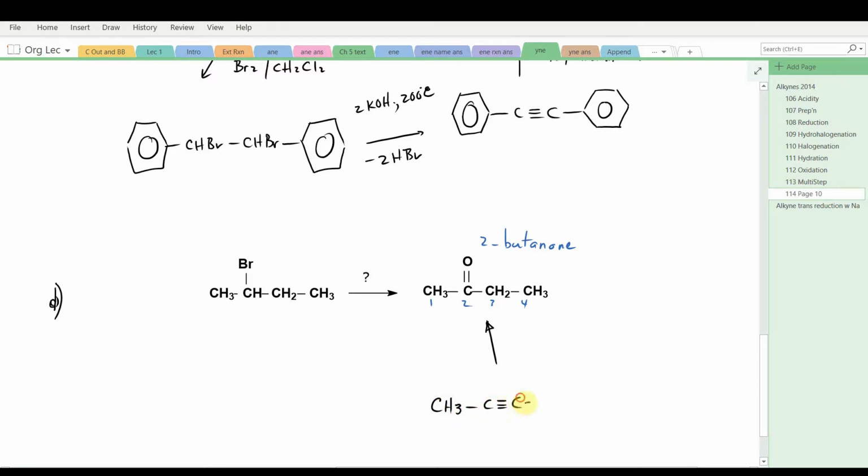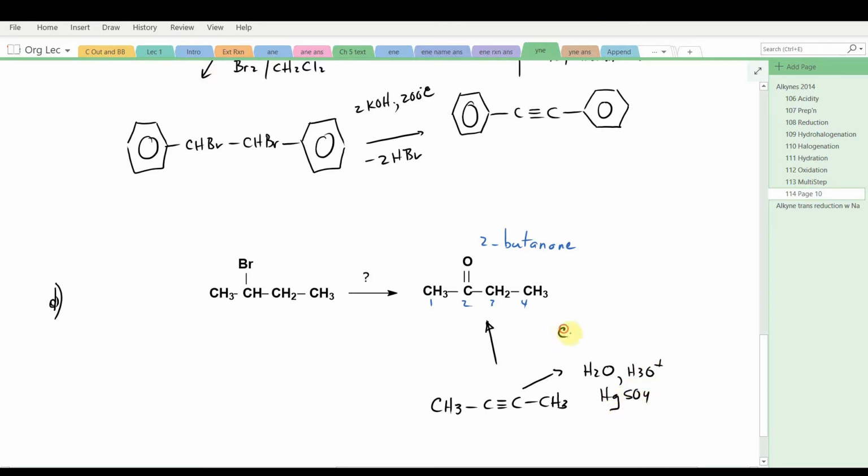So if we had here an alkyne and we hydrated it, let me show the intermediate here. We hydrate it with water, dilute aqueous acid, and mercury 2-sulfate catalyst.